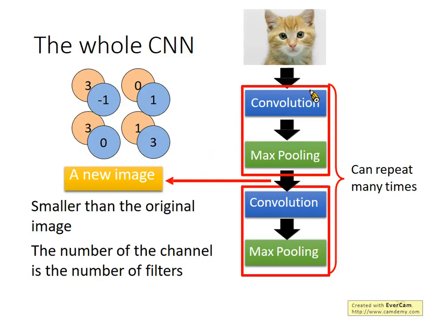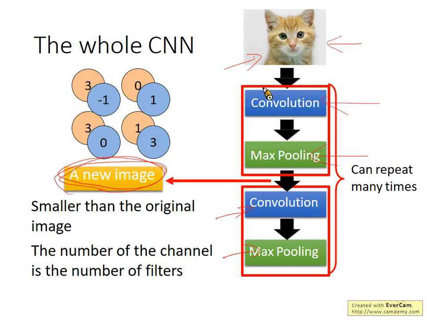So go back to the whole framework. Given an image, we do convolution first and then do max pooling. And after max pooling, we can think that the result is actually a new image. Okay, we have already transformed, or we have already embedded the original image into a new image, and such a new image has fewer dimensions. Okay, and based on this new image, we can do convolution and max pooling again. Okay, so we can get smaller and smaller. The new image is smaller than the original image, and the number of channels is the number of filters.